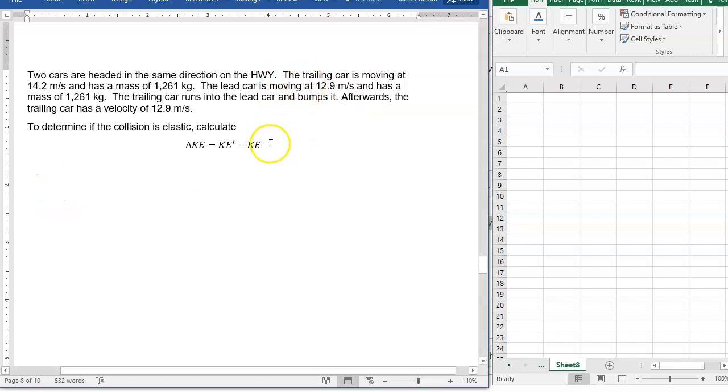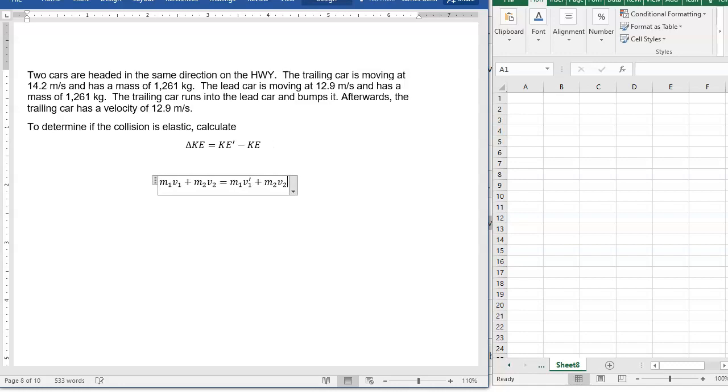So let's put everything together. Before the collision, the momentum is m1 v1 plus m2 v2. After the collision, the momentum is m1 v1 prime plus m2 v2 prime. And we know everything in this equation except for v2 prime.